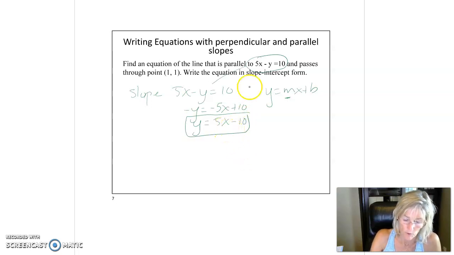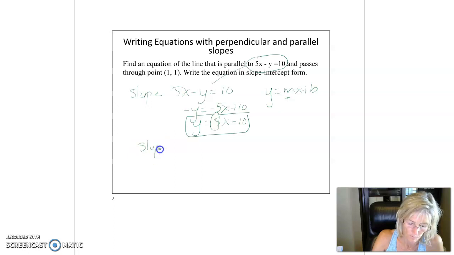Okay, so now I know the slope of that line. It's 5. So for me to find another line that's parallel to that one, that has the same slope, I've got the slope, and I have my point. This is just what we did before. I need to put it in point slope form.